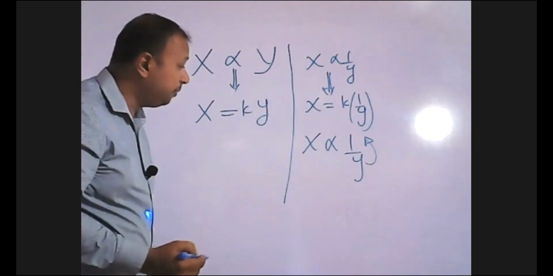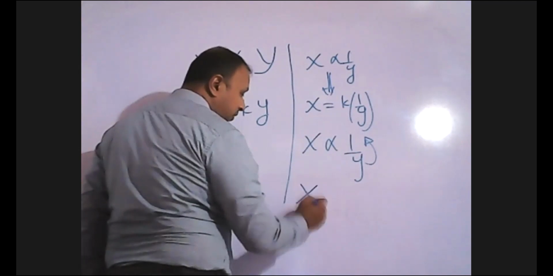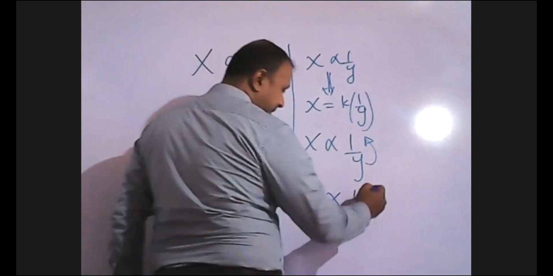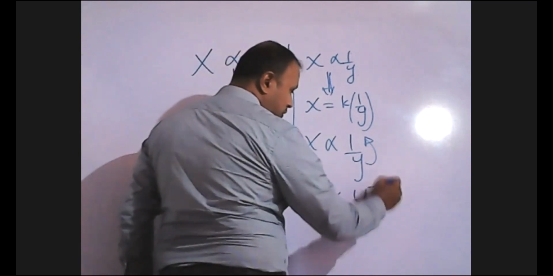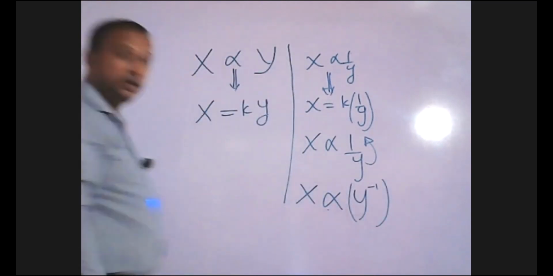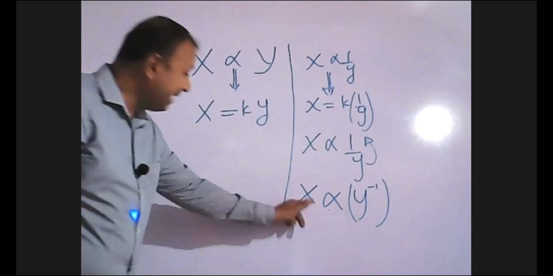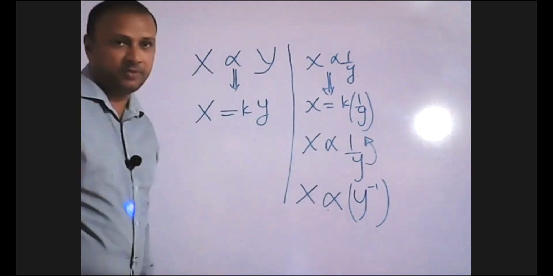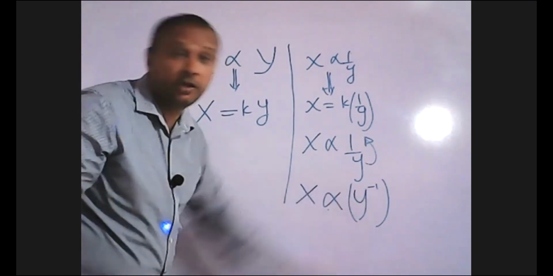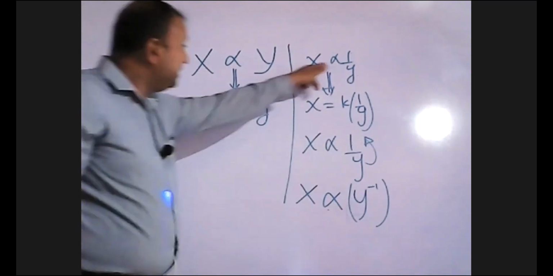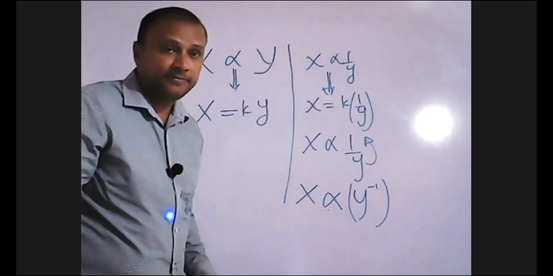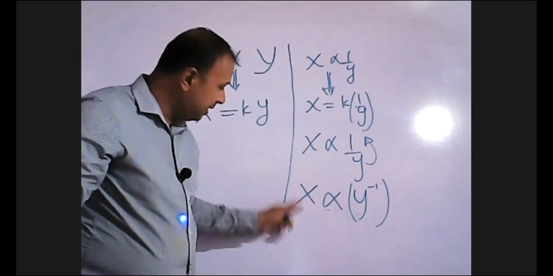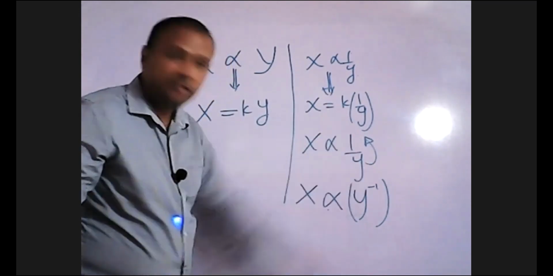If I bring this y to the numerator, I can write x proportional to y to the power minus 1. That means x directly proportional to y to the power minus 1. X indirectly proportional to y, but we can write this as x directly proportional to y to the power minus 1.